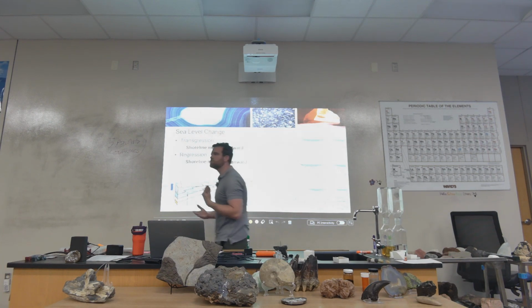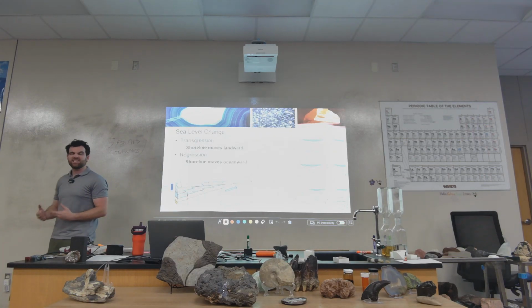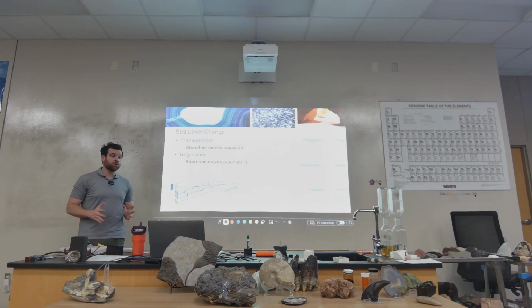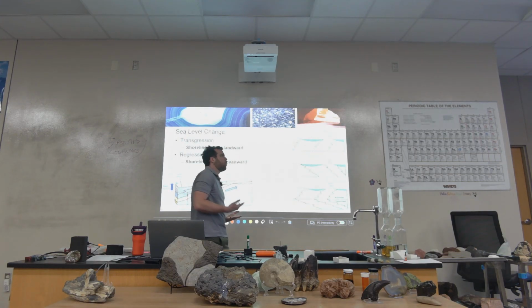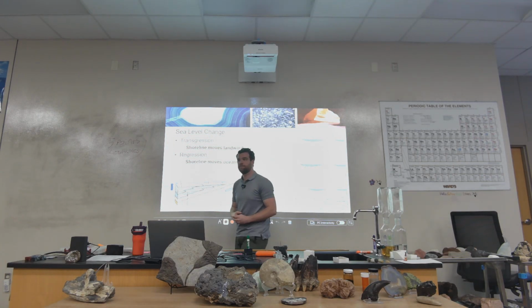Because different types of rock are deposited in different depths of water. If I see sand, I'm going to assume shallow water, beach environment. If I see limestone, I'm going to assume something like a warm, shallow sea. If I see shale, I'm going to assume deep water.